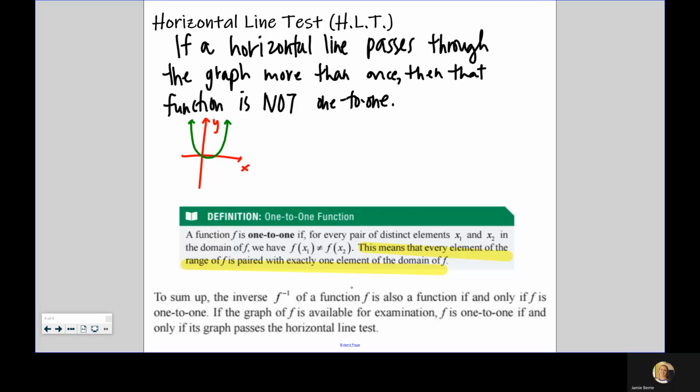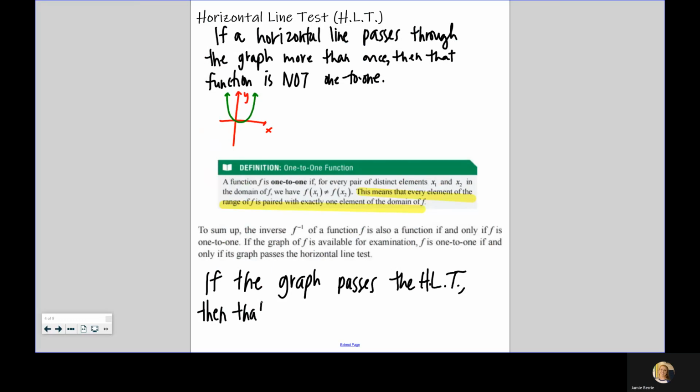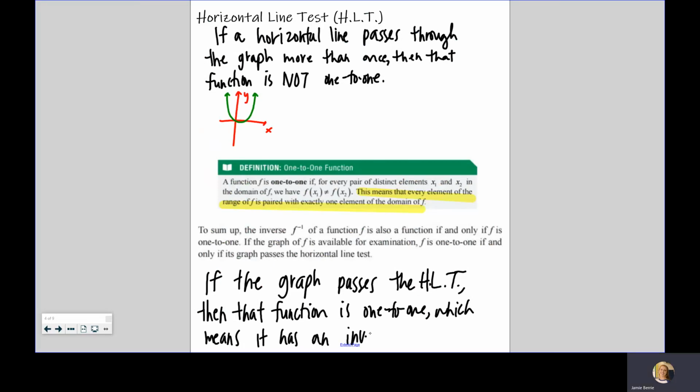So that means, for the purposes of our class, if the graph passes the horizontal line test, HLT, then that function is 1 to 1, which means it has an inverse function.